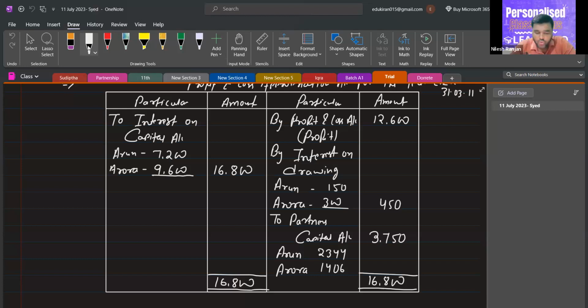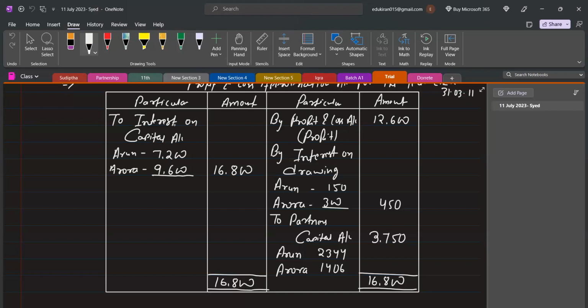Before adjusting those items, your profit is 12,600. So in this profit, interest on capital is not adjusted and interest on drawing is also not adjusted. That's why it is written: the profit of the firm for the year ended 31st March 2011 before all adjustments were 12,600.